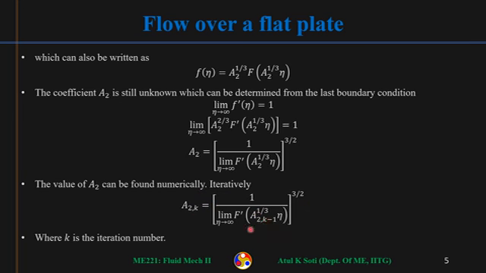You guess a value of a2, your first guess, a2 comma 0. Then you evaluate this f prime for very large eta using that a2, and you find a new a2. That is your new guess, and using that new guess again back here, you keep on refining your guess. That is the iteration we need to do to find a2.